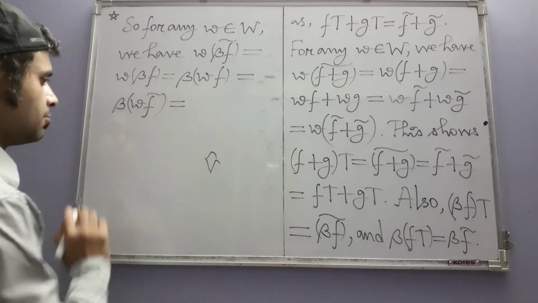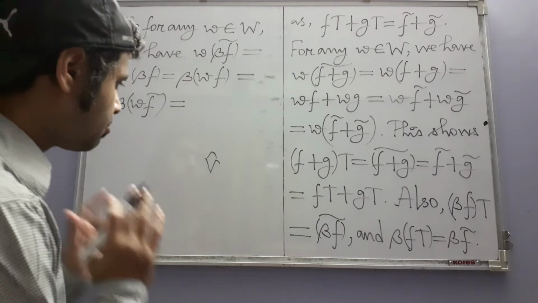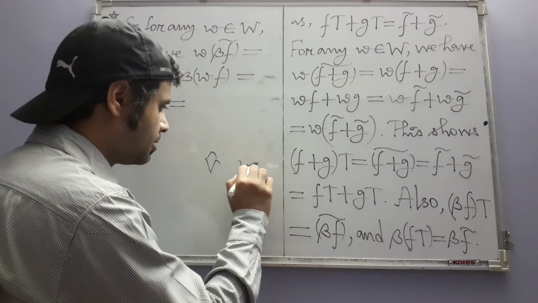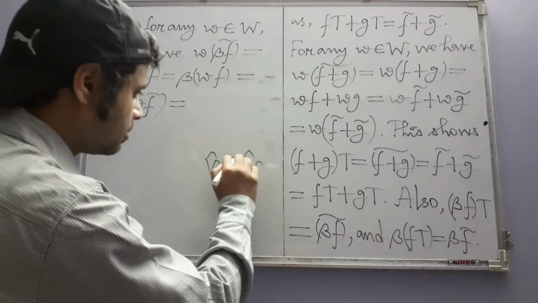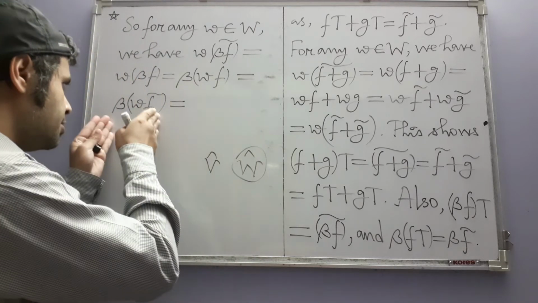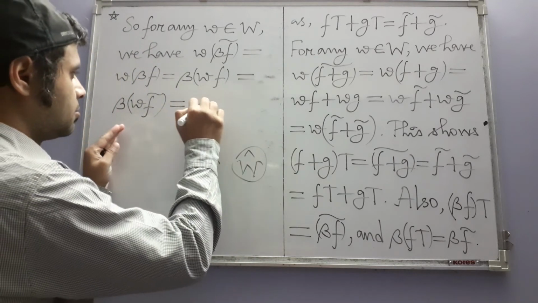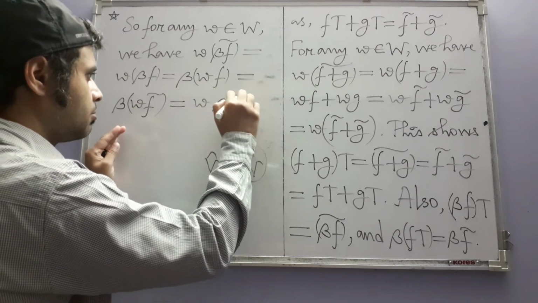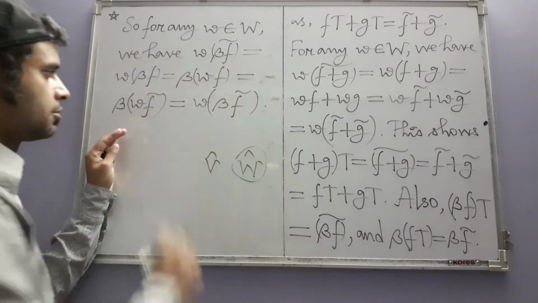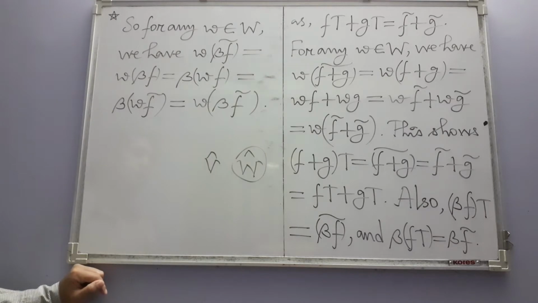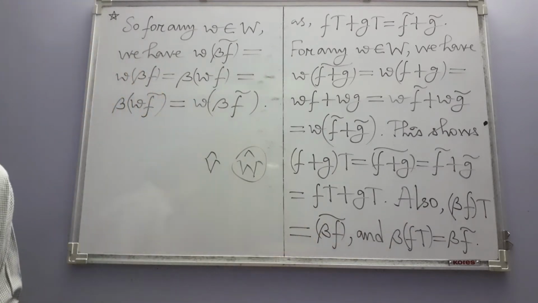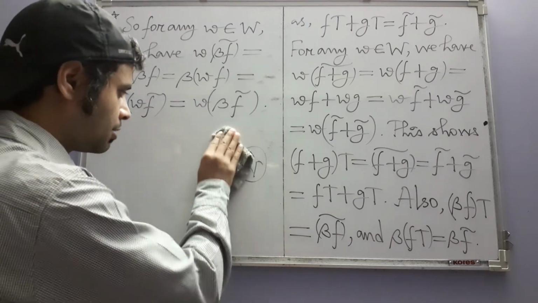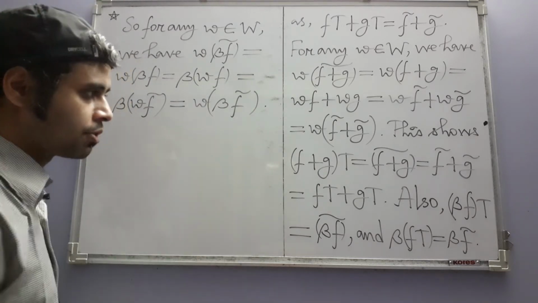And now there is one more step. Now by the definition of multiplication by scalar in this space, this thing is equal to this. So that's how we get the fact that these two functions are equal. So now we can conclude just like the case for addition.